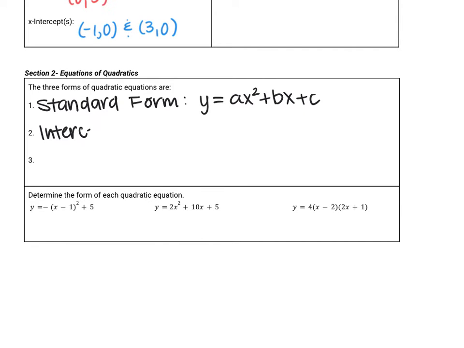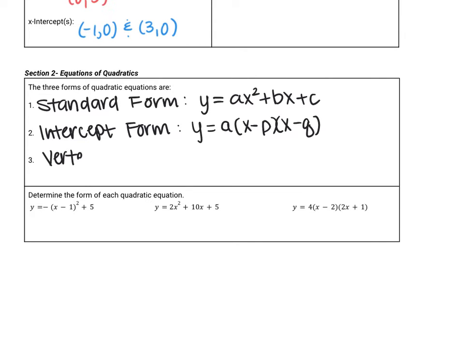Next we have intercept form, which is y equals a times x minus p times x minus q. It'll tell us the x-intercepts. And lastly, we have vertex form, which is y equals a times x minus h squared plus k. And it tells us the vertex.